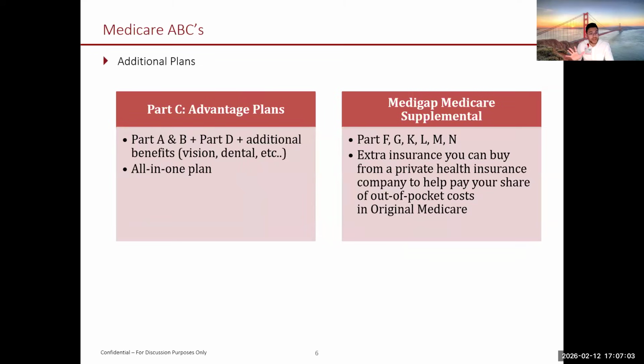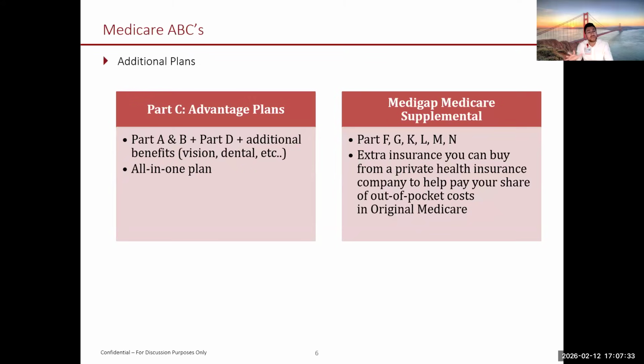Other parts of Medicare to be aware of: Part C is what we call an advantage plan. So you may be familiar with Medicare Part C. I didn't list it above. Where did it go? Part C is not actually its own thing. It's more a combination. Part C and Advantage plans basically combine Part A and B, your original Medicare, your inpatient and outpatient insurance, along with Part D or your prescription insurance.